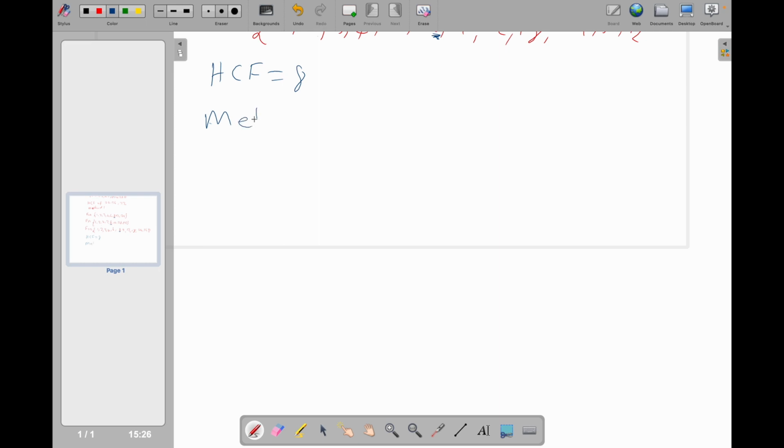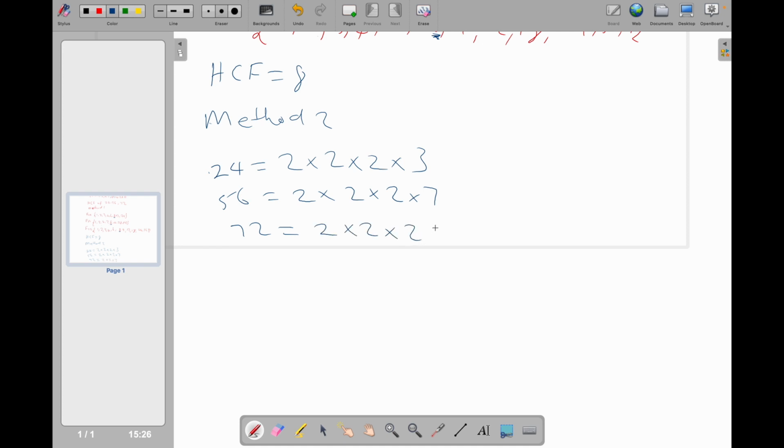So method number 2, we say 24 equals 2 by 2 by 2 by 3, and 56 equals 2 by 2 by 2 by 7, and then we have 72, which is equal to 2 by 2 by 2 by 3 by 3.